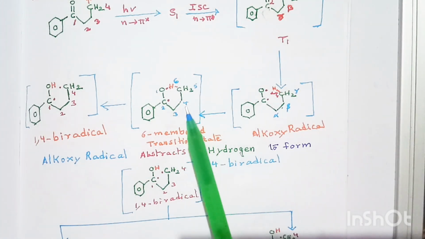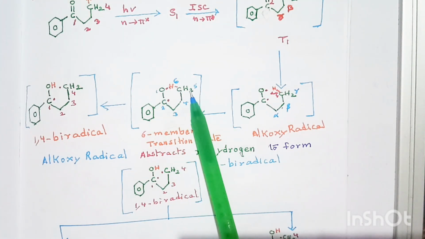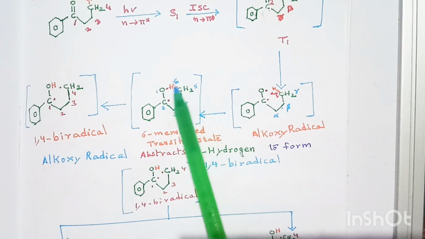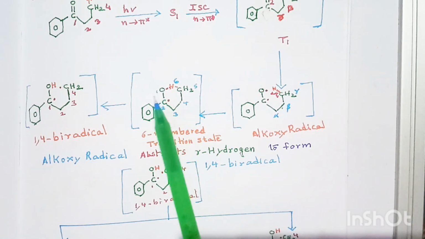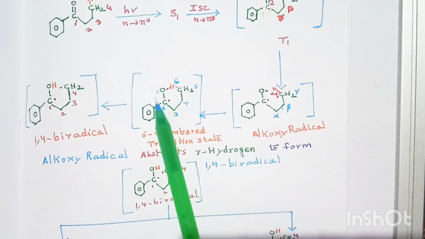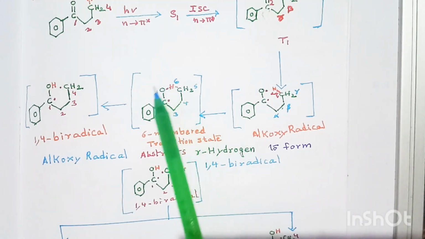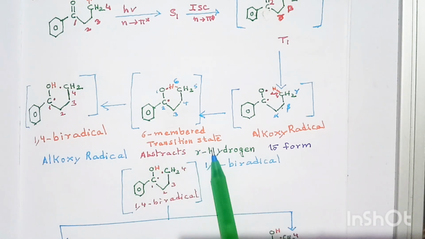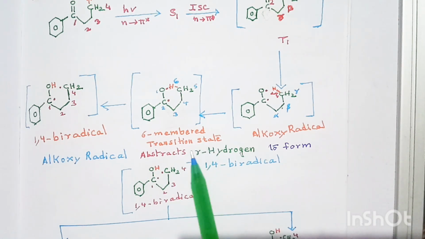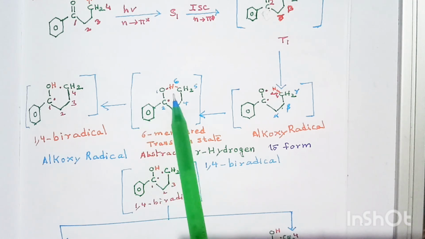As a result, we get a cyclic transition state. This is given the numbers 1, 2, 3, 4, 5, 6. So, this is a 6-member transition state.